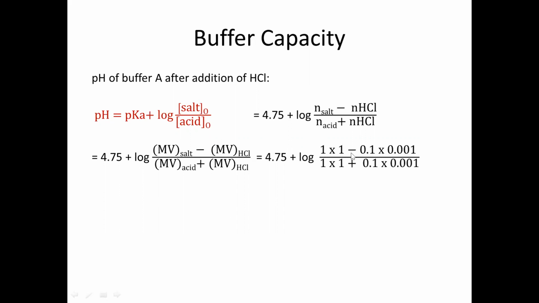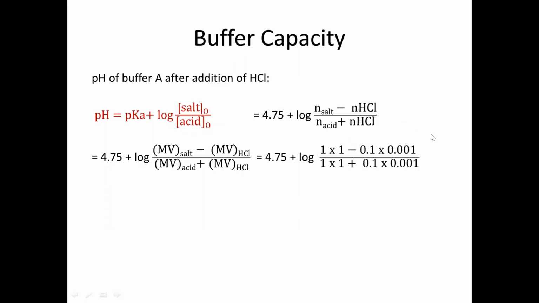So 1 into 1 is the number of moles of salt, and the number of moles of acid added would be 0.1 into 0.001, that is the volume of the HCl. 0.001 liters means 1 ml. The initial amount of acetic acid would again be 1 into 1 because the molarity is 1 molar and the volume is 1 liter. And the amount of HCl that has been added is 0.1 into 0.001.